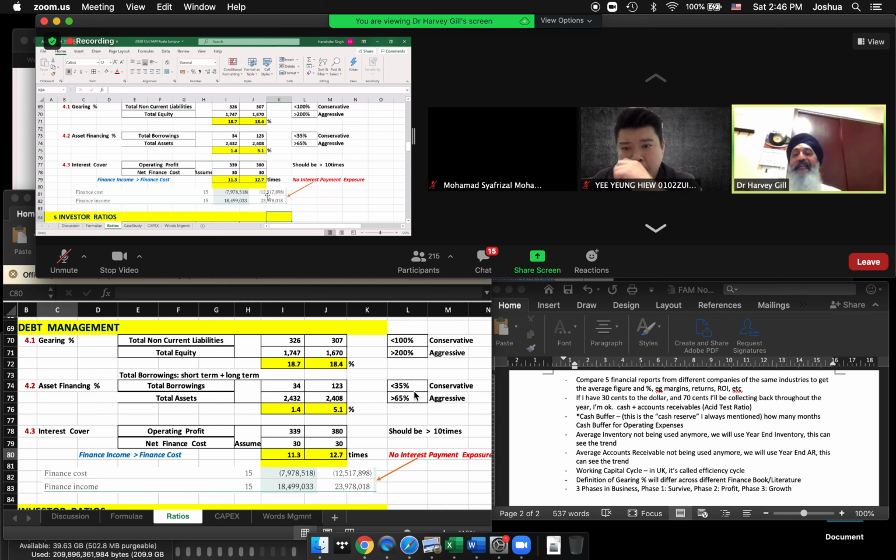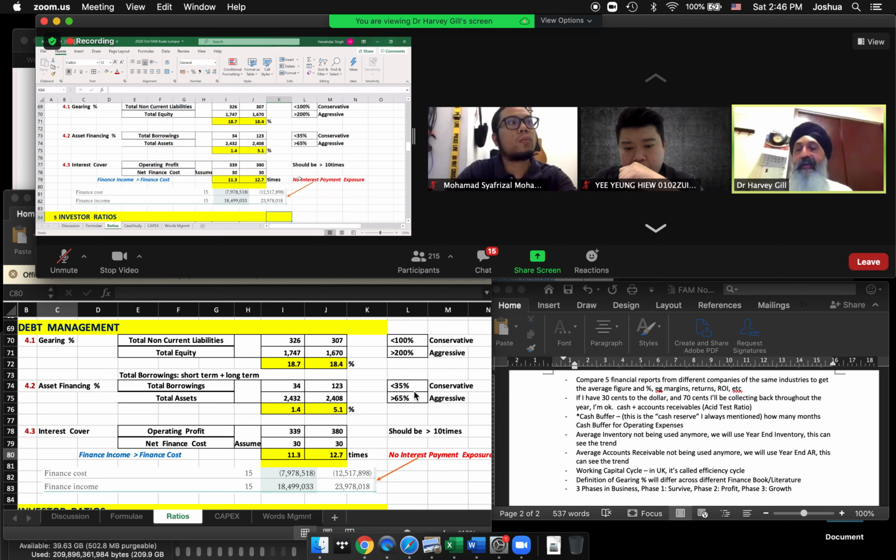So actually, if you see a situation like this, I purposely left this behind there. It means that this company has no interest rate exposure. If the interest that you pay on your loans is lesser than the interest that you earn on your fixed deposits and other deposits, then you have no interest exposure.